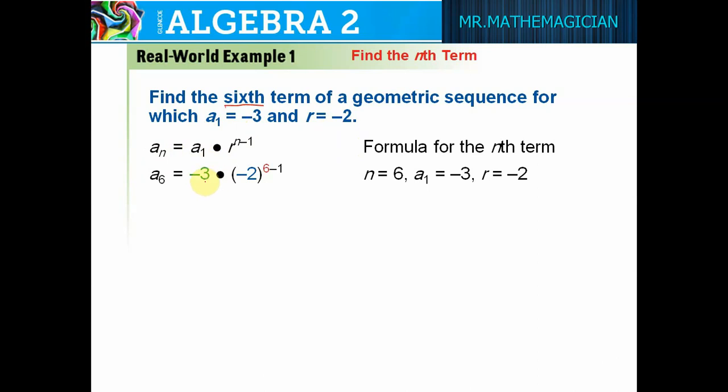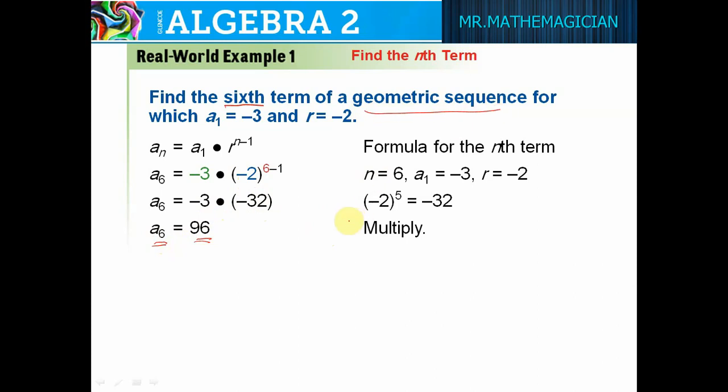Replace a1 with -3, replace r with -2 to the power of 6 minus 1, because we said the sixth term. 6 minus 1 is 5, so -2 to the power of 5 is -32. Multiply, and this will give you 96. So a6, the sixth term, is 96 in this geometric sequence.